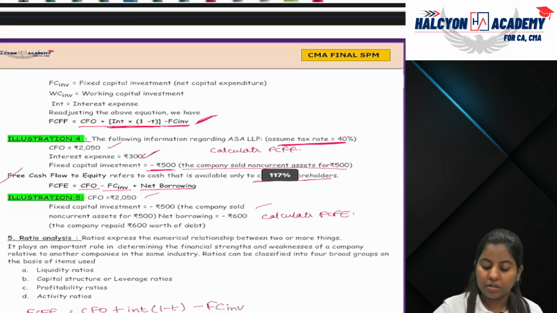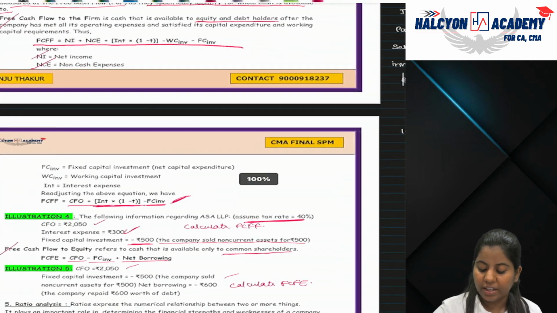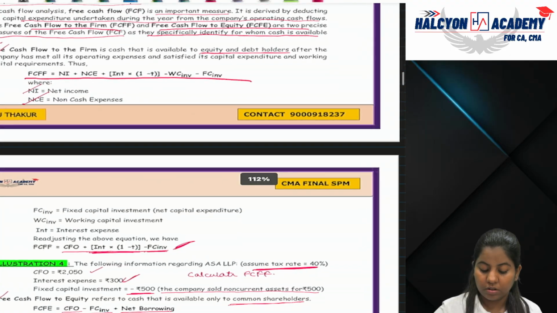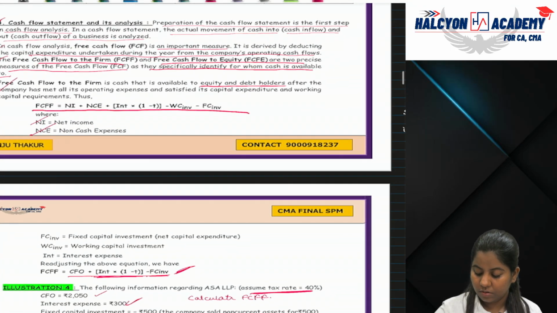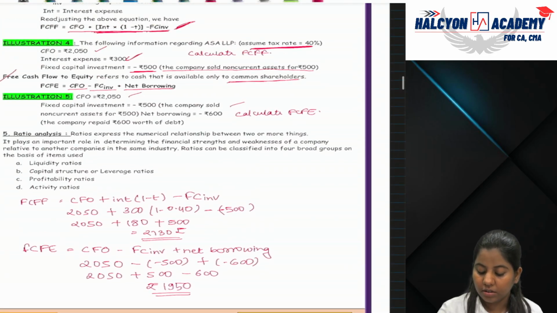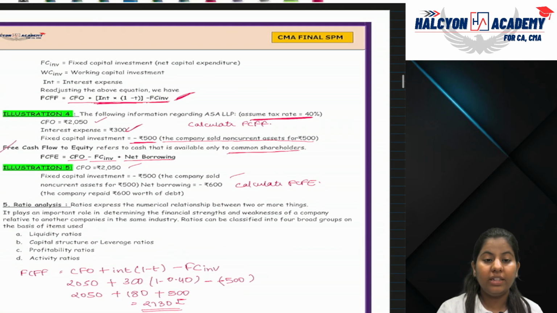Go through it once. Quickly read all the concepts related to cash flow statement and analysis. I hope you have copied the answers.